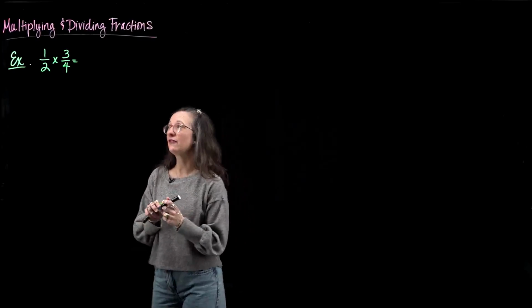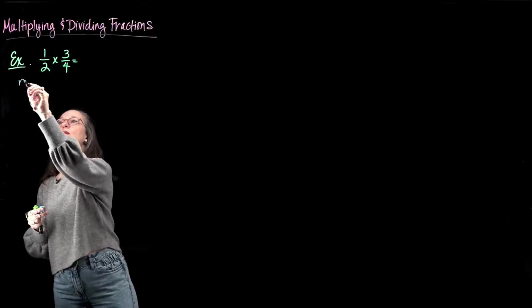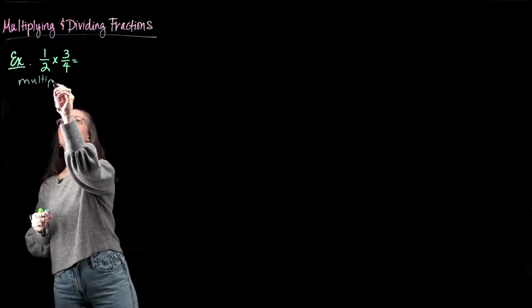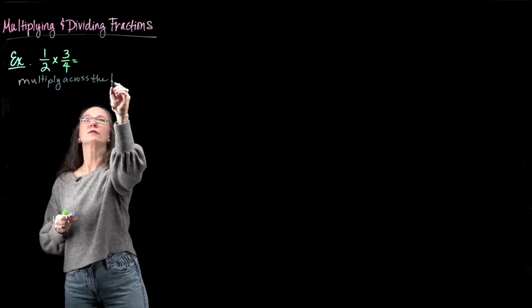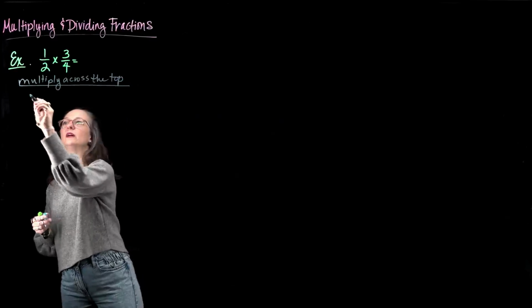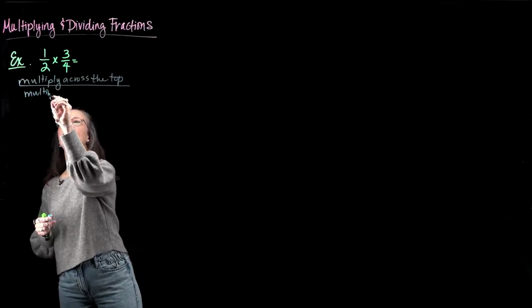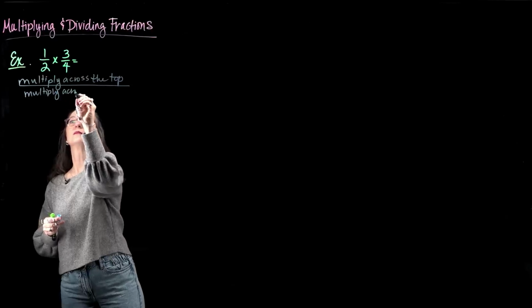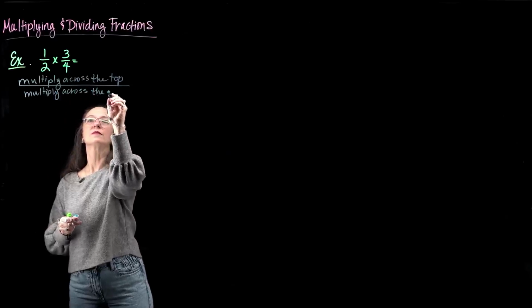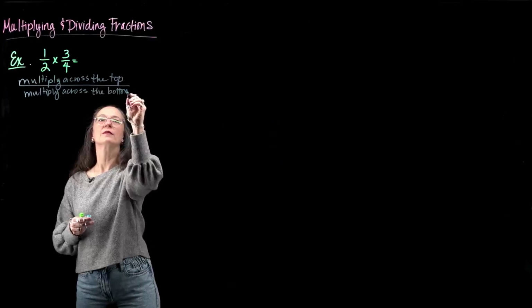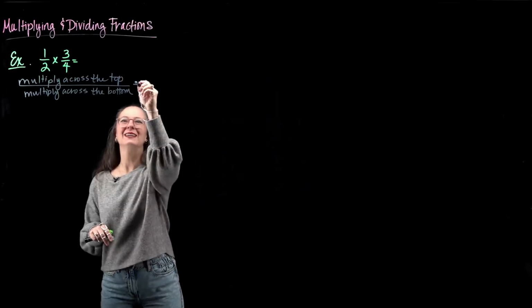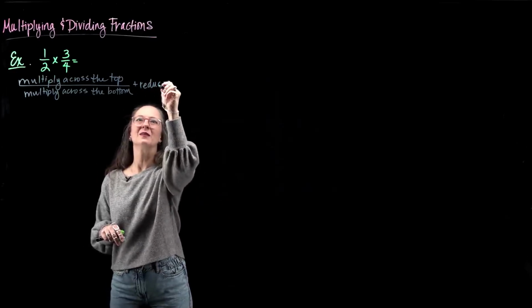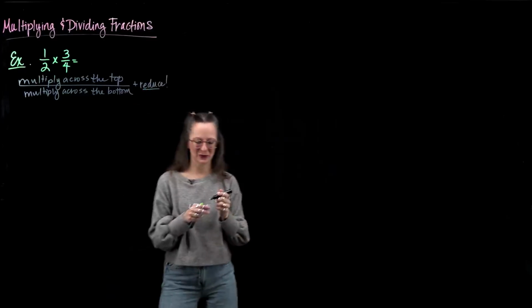When we multiply fractions, we're going to multiply across the top, and then we're going to multiply across the bottom. That's going to give us our answer, but don't forget the ever important: see if you can reduce it.